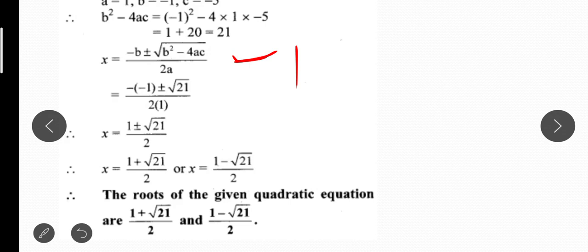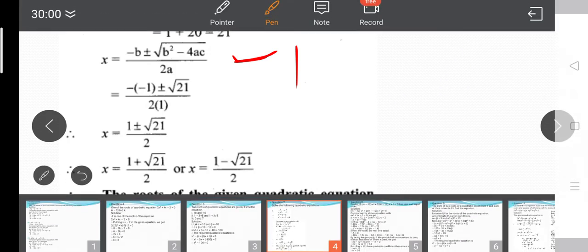After substituting the values, you will get x is equal to 1 plus root 21 by 2 or x is equal to 1 minus root 21 by 2. These are the roots of the given quadratic equation. Writing all these steps is compulsory because every step carries half a mark, and only then will you get full marks.